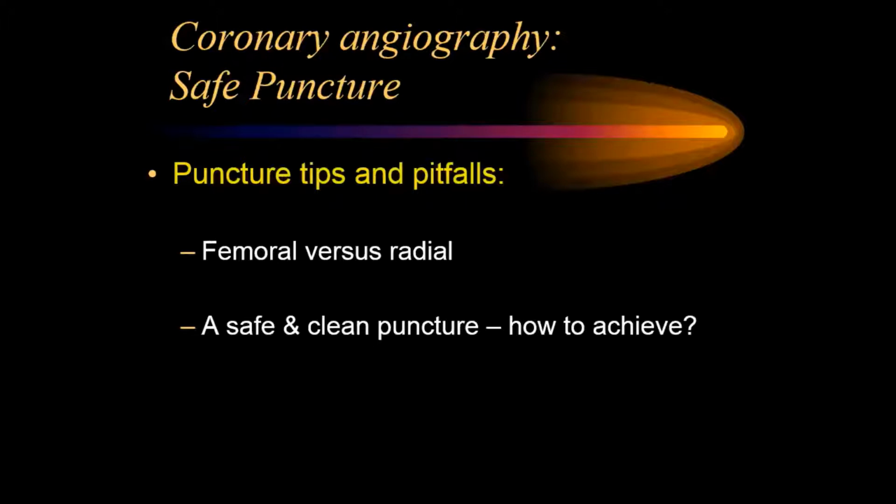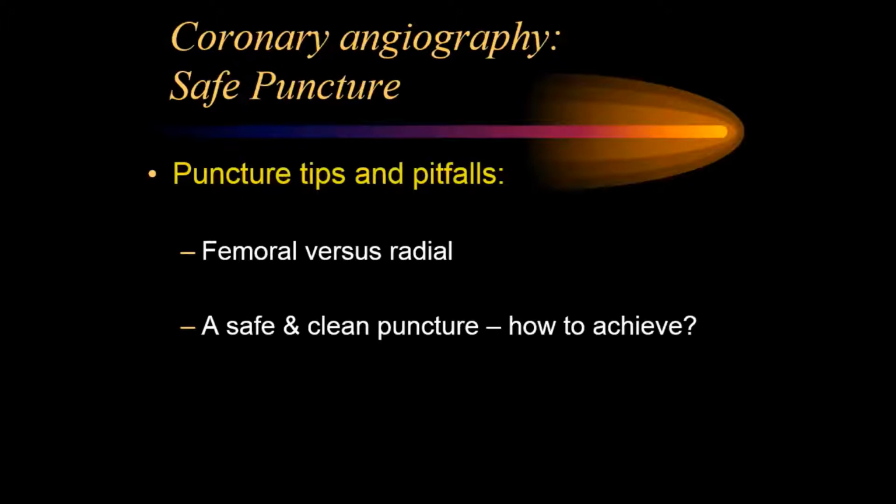Femoral angiography, on the other hand, is easier in terms of gaining access and engaging catheters, etc. But it can cause more serious complications in terms of vascular access complications. And regardless of whether it's a femoral or a radial access, you need a safe and clean puncture, and you need to ensure how to achieve that.